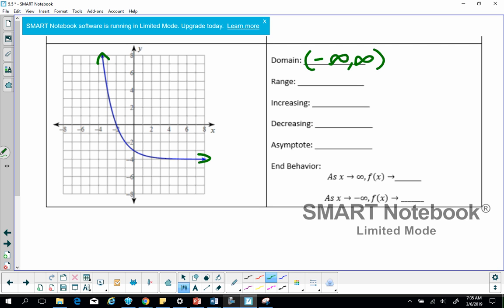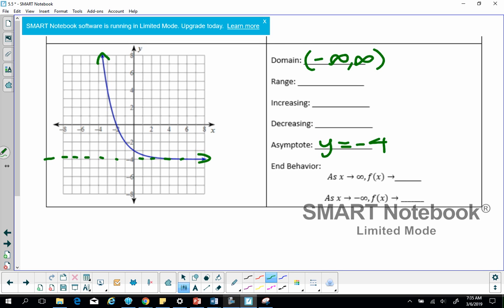Beautiful. For a brain bug, who can raise their hand and tell me the asymptote? Where is the plane landing, basically? What is it? -4. Beautiful. Do you guys see that? It's landing at -4. So it'd be y equals -4.